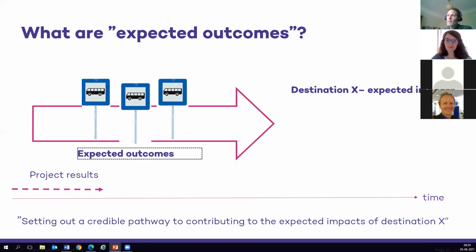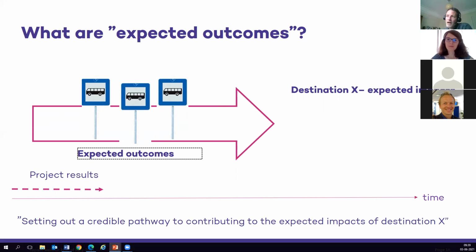My way of defining the expected outcomes is that they are stepping stones, medium-term stepping stones toward the expected impacts. A stepping stone is usually something very concrete, like the stepping stones that take you through a stream. It is not a conjecture, it's something very concrete that will help you move along.